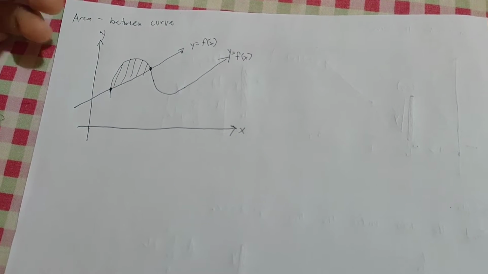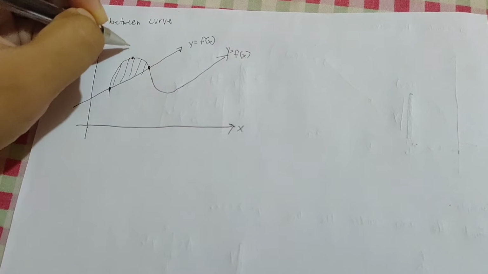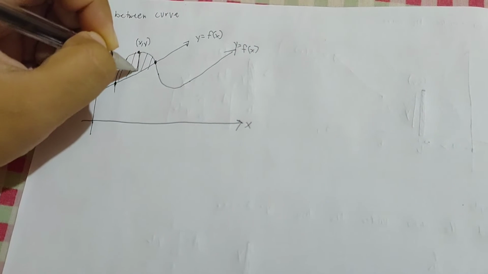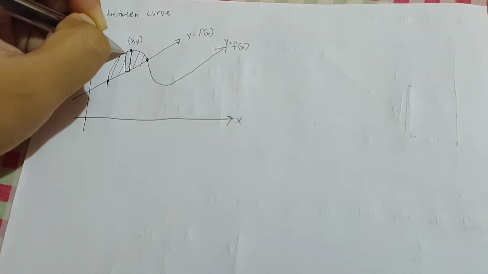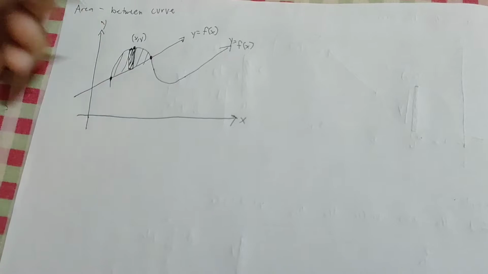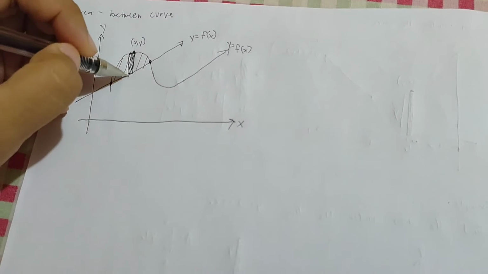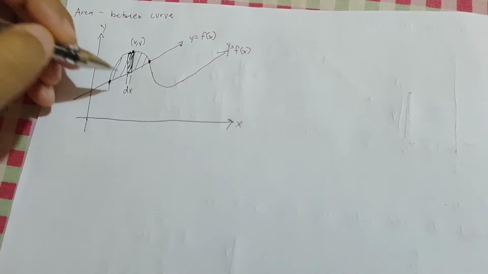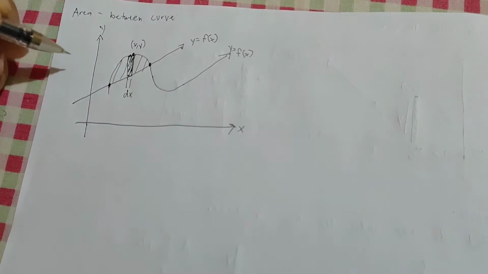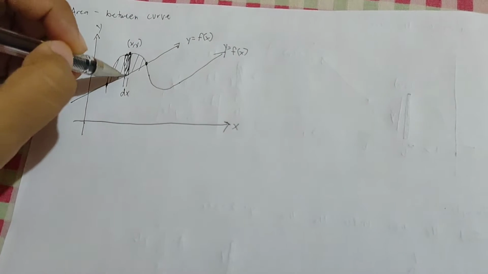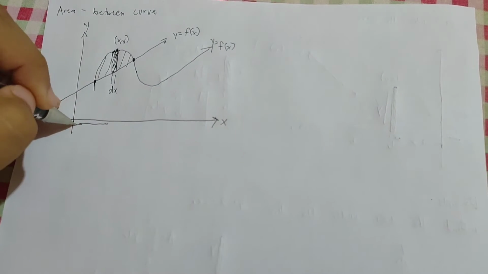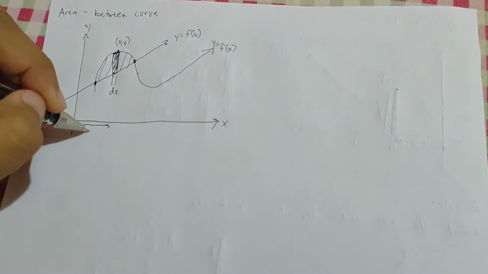So let's say here will be our point, which is x and y. Then we will draw a vertical strip. In this part, this will be our dx. And then the distance between the end of this thickness of our dx to the origin of our graph is x.